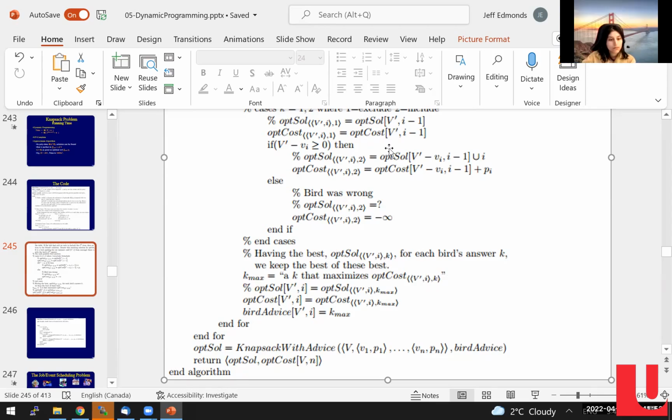Is it the k equals 1 or the k equals 2 that's best? Remember our problem was to store the cost of this instance. Whichever one's best, we store in there. And in Bird's advice, we store which one is best. And that's the entire algorithm, right? Does that make sense?